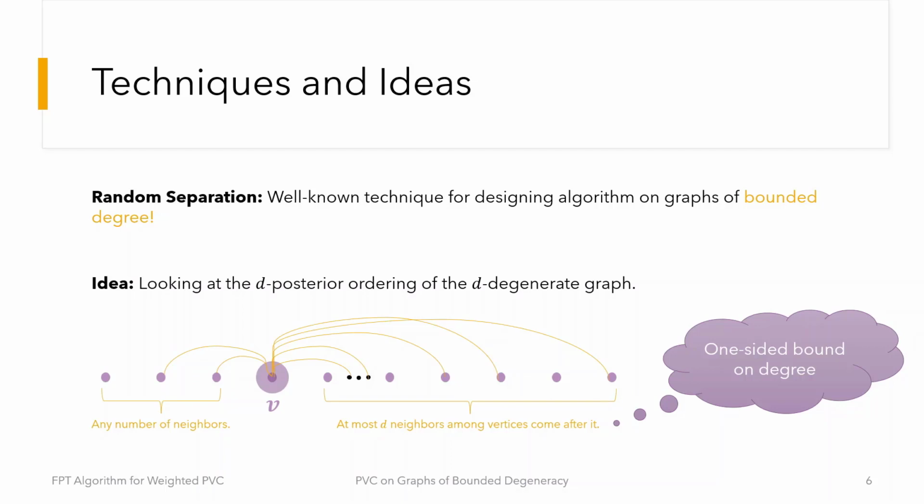Okay, so again, we use a technique that is useful for designing algorithms on graphs of bounded degree, but we don't have a bound on degrees of a degenerate graph. But considering this ordering, we have a one-sided bound on degrees, and I call this ordering the posterior ordering.